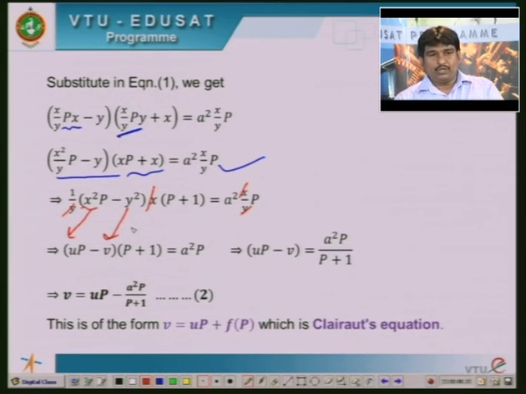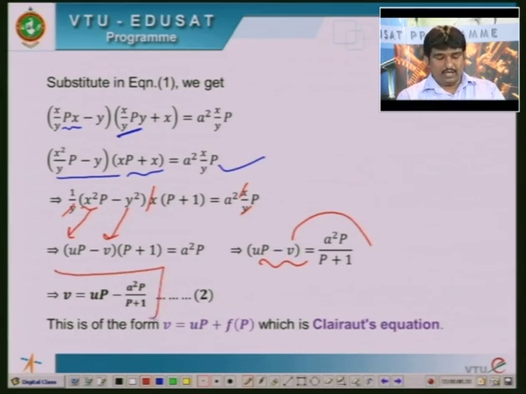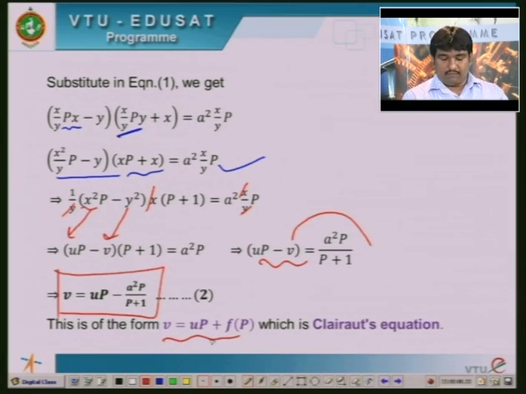Divide by P plus 1, so we get uP minus v equals a square P divided by P plus 1. Now transfer v to the RHS and take this to the LHS to get v as uP minus a square P divided by P plus 1. Now this is of the form v equals u into capital P plus some function of P, containing only the derivative term, independent of the dependent and independent variables.